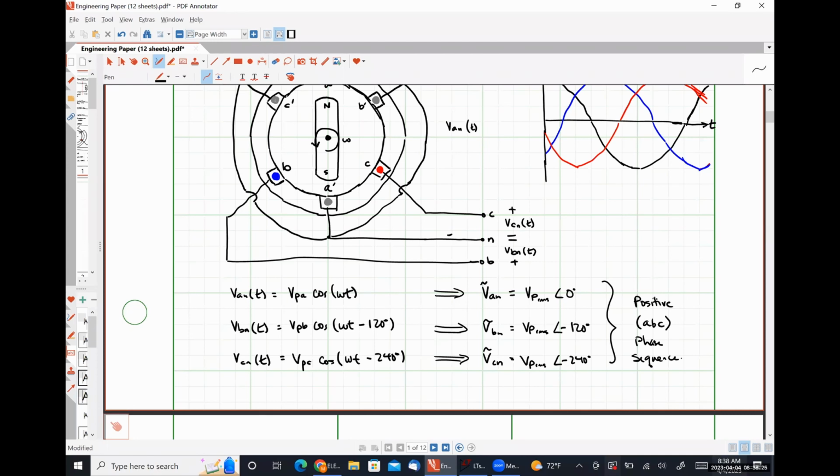All this means is that as the rotor magnet spins, it hits A first, and then B second, and then C third, and goes back to A, over and over and over again.